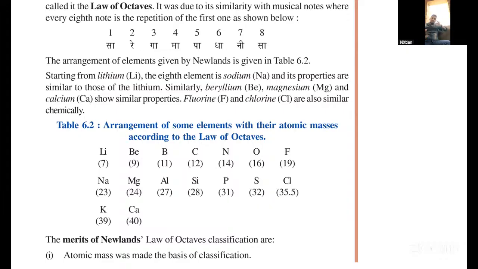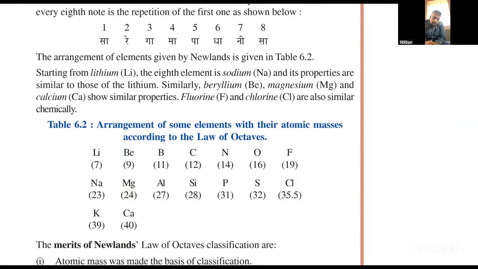Now because they have the same properties, there should be a next column for them. For example, if I write helium, then neon, then argon, then krypton, like this it will come.